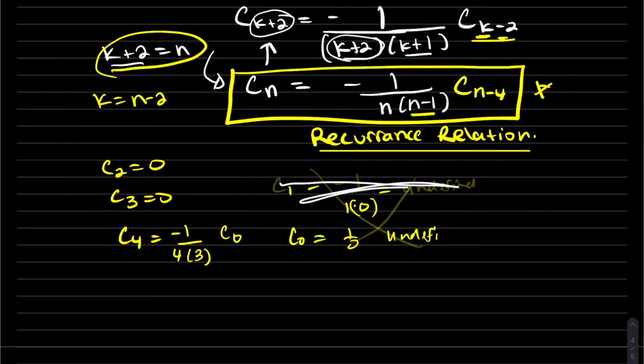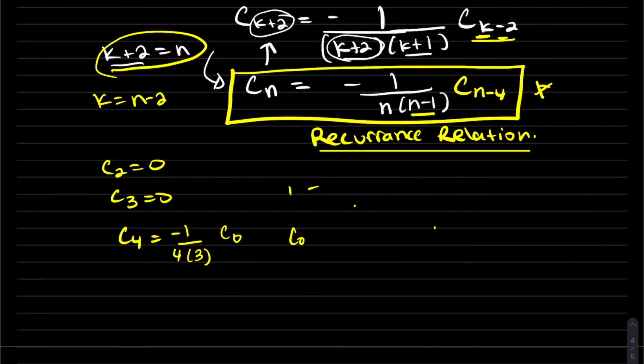Since we can't really put C0 and C1 in the equation, we could choose C0 and C1 to be our arbitrary constants for the general solution.